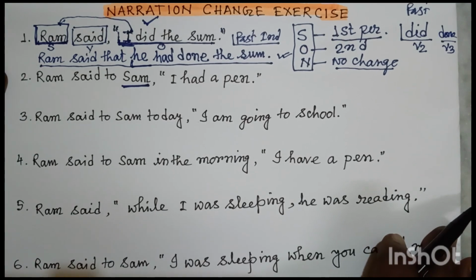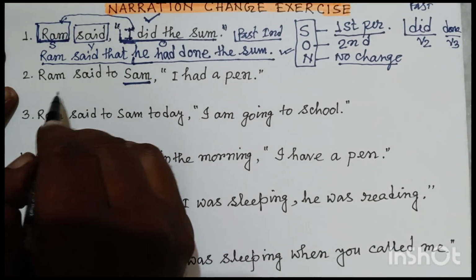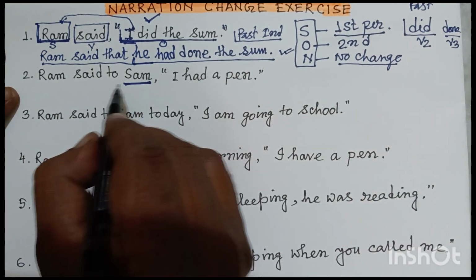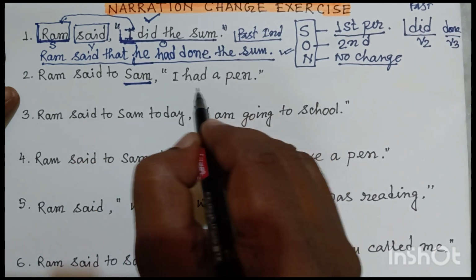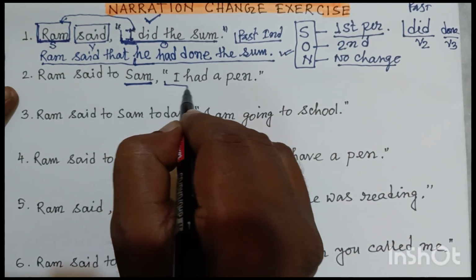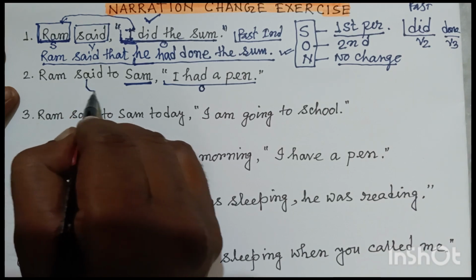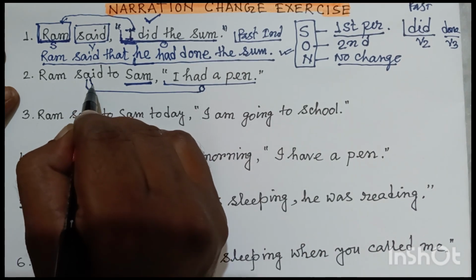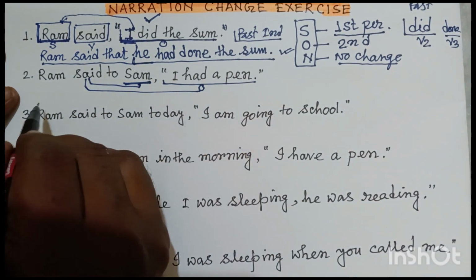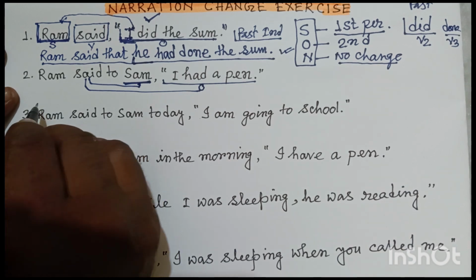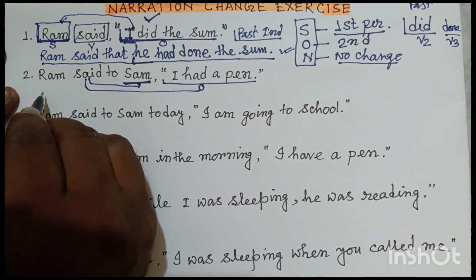Now look at the second one. Ram said to Sam, I had a pen. My dear friends, this is the object of said, and another object, that is Sam. So we have to use here a ditransitive verb which is told.